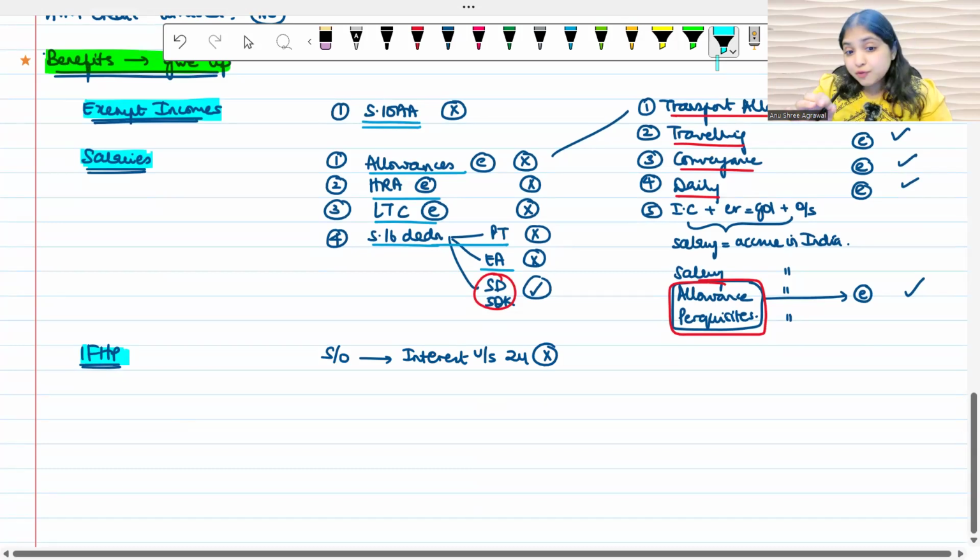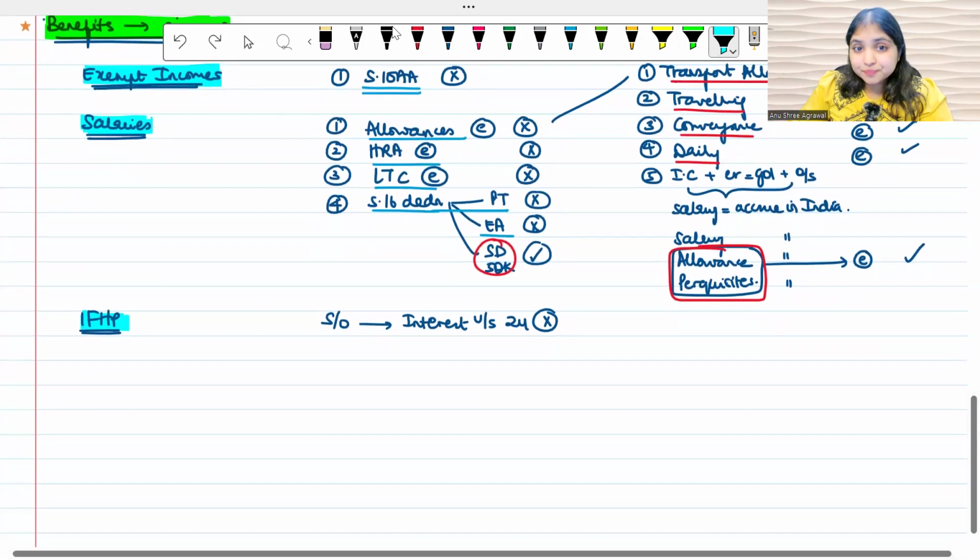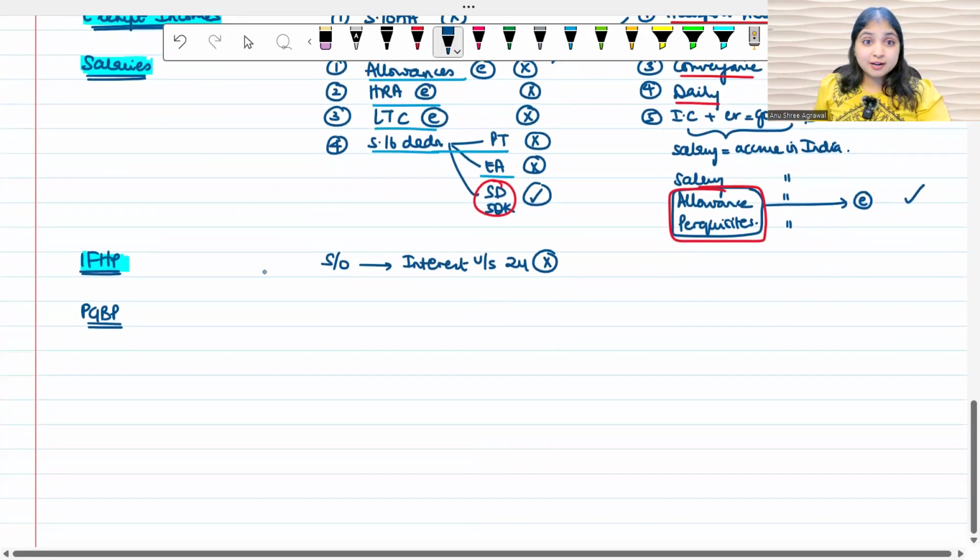But if your property is a self-occupied property, then the interest deduction under section 24 you will not get at all. Understanding? Then after this, our next head of income was PGBP. Now in PGBP, there are some very interesting points under 115BAC. The first point being, if your assessee has incurred expense on scientific research, scientific research can be either in-house scientific research or a contribution to outsiders, guys.